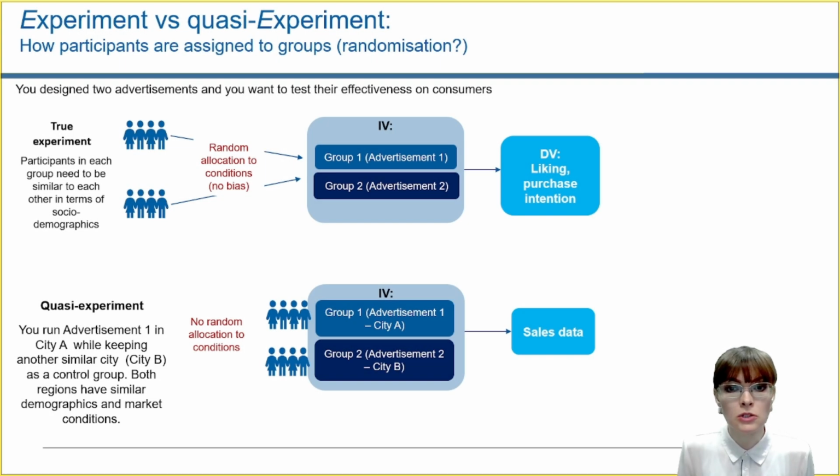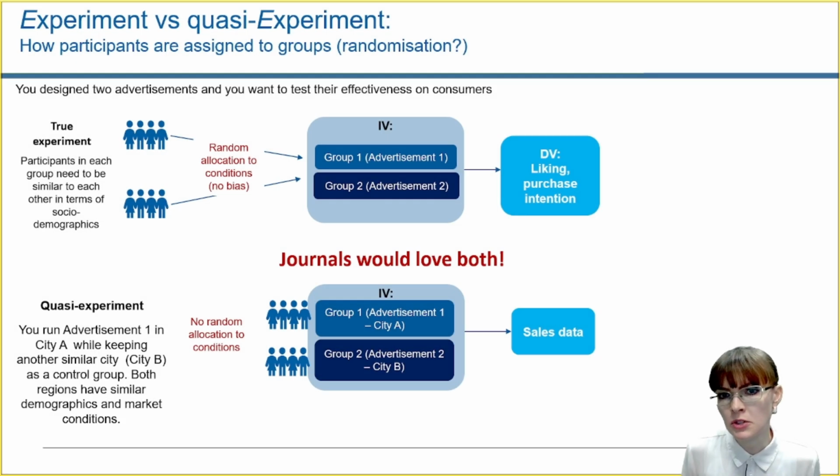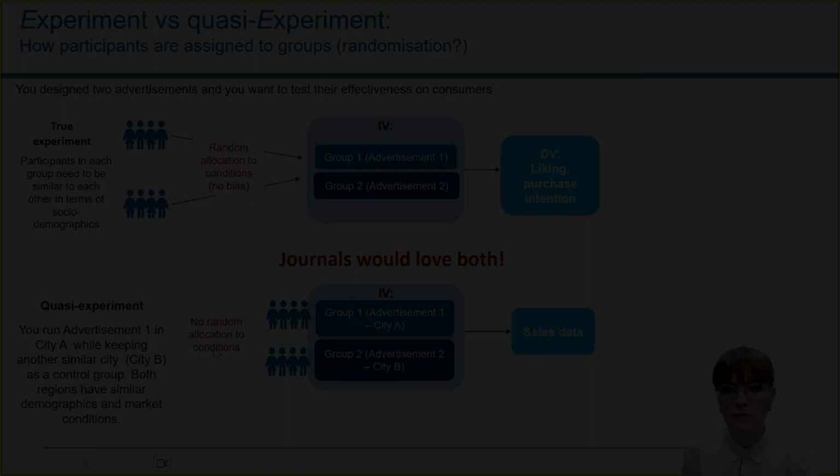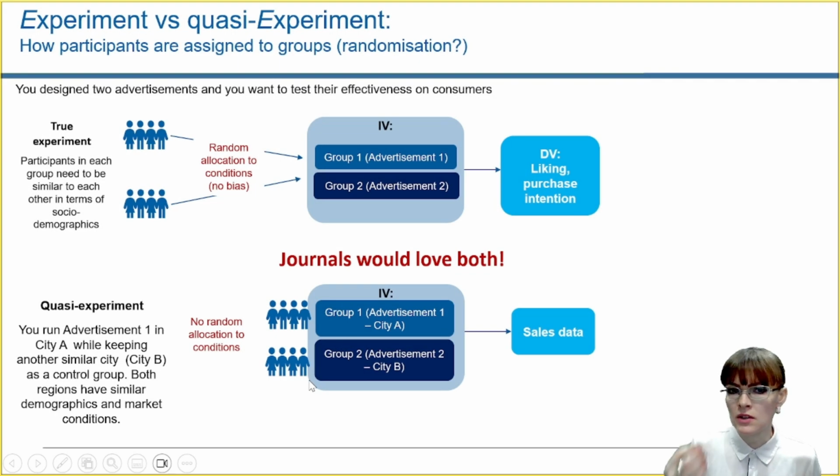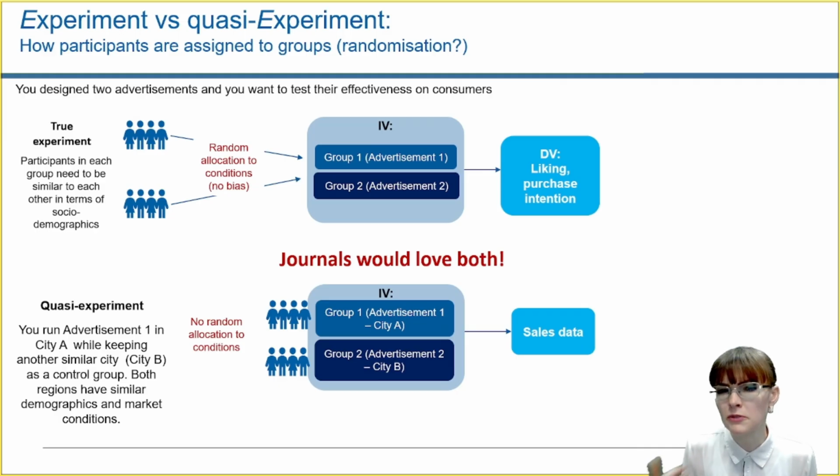If you plan to publish in a journal, I would say journals would love both, because if you demonstrate that your advertisement produces exactly the same results when you invite people into a lab and randomly allocate them into one of the conditions, and that you observe exactly similar results using a quasi-experiment, then it strengthens your research project, because it demonstrates that the same effects are observed when different types of experiments are used. And it also strengthens the overall validity of your project.